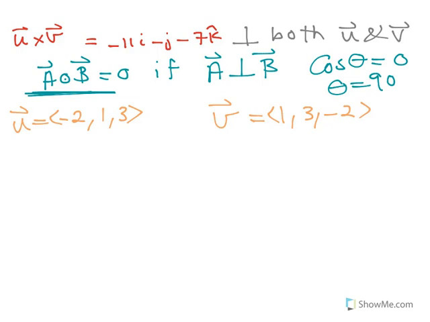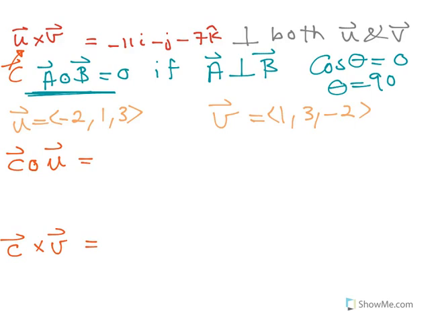I'm going to call the cross product vector C, because it's a cross product, right? So I'm going to say C dot u. It has to be 0, right? And eventually I'm going to calculate also C dot v. It has to be 0 to show that both of them are perpendicular.